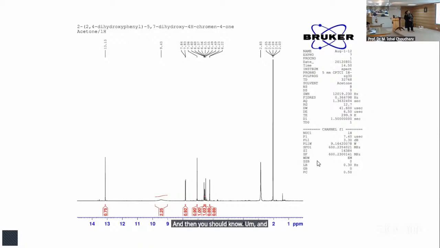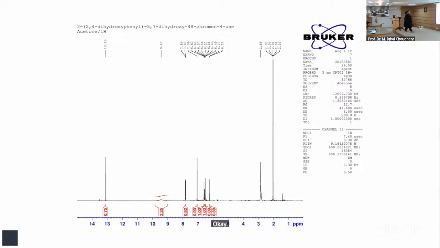And the window function that you use here is EM, and you can try many other window functions as well. And then SF is the frequency of the spectrometer.